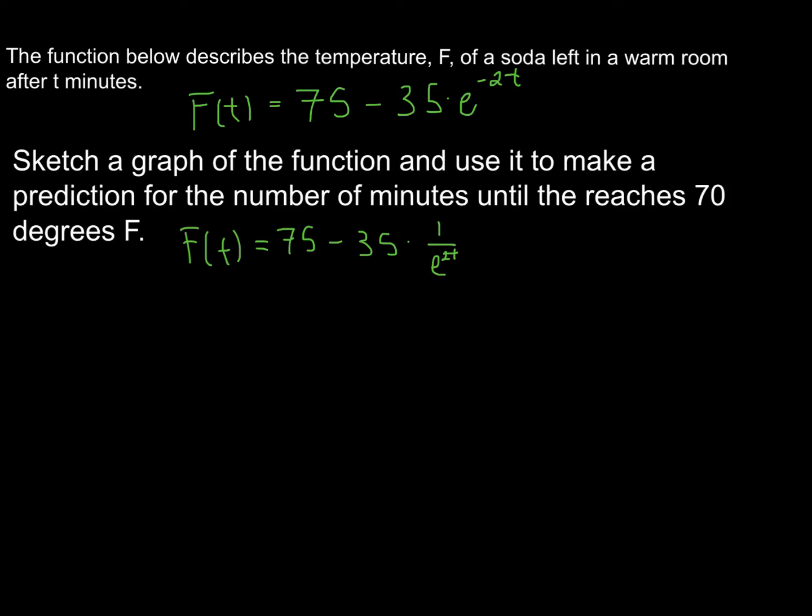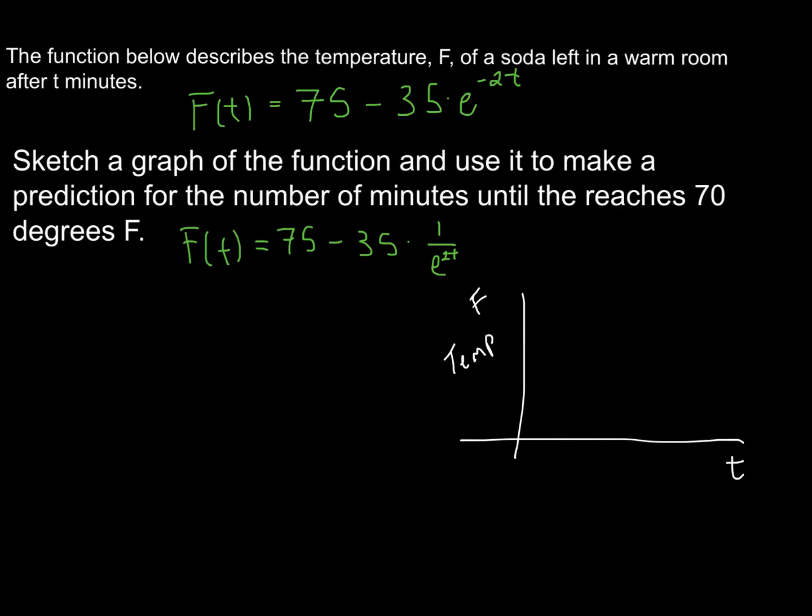So when we are graphing, and we're looking at what happens to the temperature as time increases, we expect that it's going to start somewhere and it's going to increase, right? The temperature is going to get bigger. Now the question is, how is it going to increase? So in order to look at that, let's analyze our function and try and sketch a graph of it so that we can better understand what's going on.